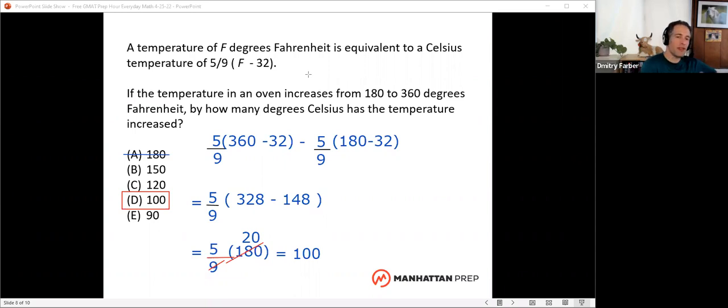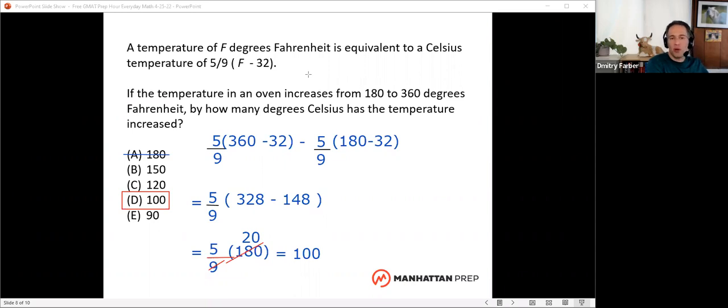You can tell also if you add the digits, 3 plus 2 plus 8 is 13. When you add the digits of a multiple of 9, you should get a multiple of 9. You should get a 9 or an 18, right? A little fun fact, right? So 360 is a multiple of 9 because of the 36, but also because 3 plus 6 is 9. And any multiple of 9, the digits will add to a multiple of 9. So that's one way. I'm being a little bit entitled.